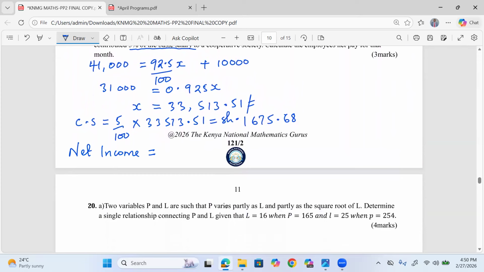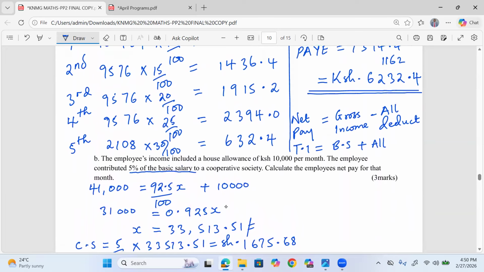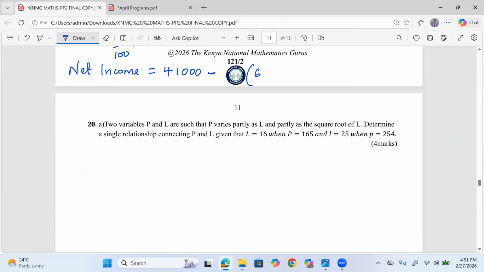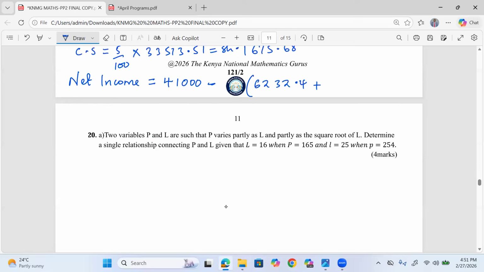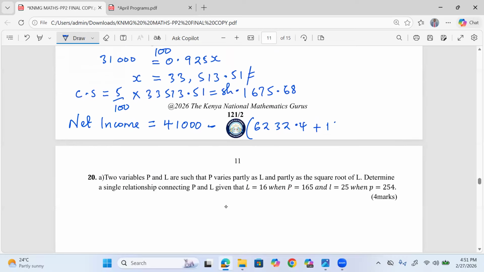shall now be given by the net pay. The gross that we have is 41,000 minus all the deductions. The first deduction is the PAYE, 6232.4. And another deduction here of 1675.68.